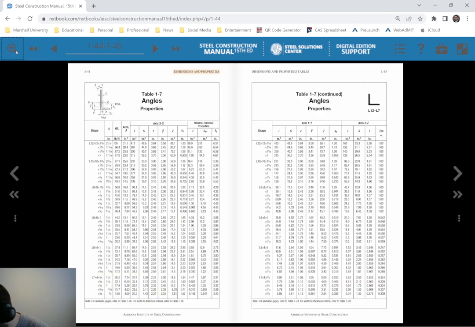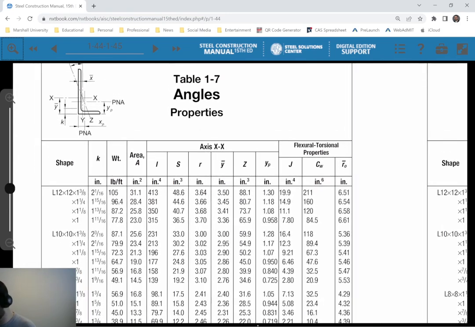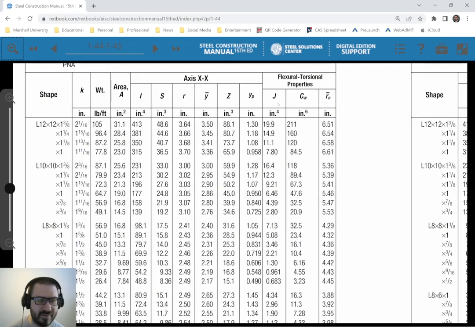So we're looking at an L8 by 8 by, what was the thickness? Sorry, I should have had that memorized. I did not. It's an L8 by 8 by 5/8. So we're going to go up here a little bit. L8 by 8 by 5/8. There we go. So we're on this row right here.